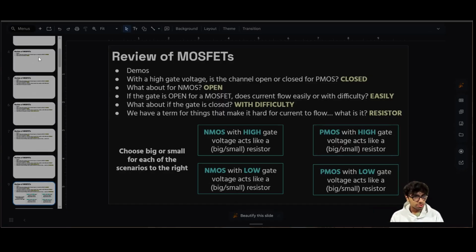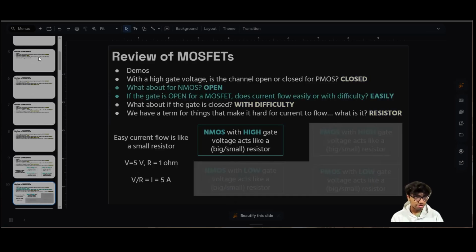Let's just go through each of these examples. First, the example on the left. An NMOS with a high gate voltage means that the gate is open. So that means that current can flow easily, and so it acts like a small resistor. For example, V over R with R equals 1 ohm and V equals 5 volts gives you 5 amps of current.